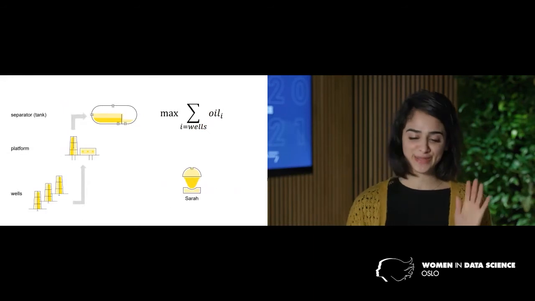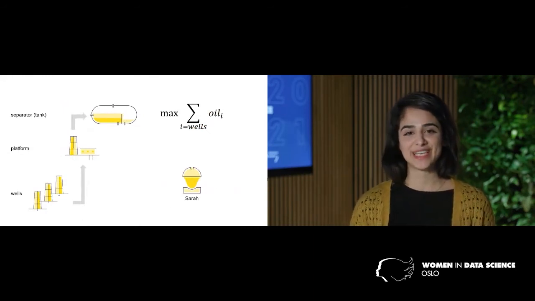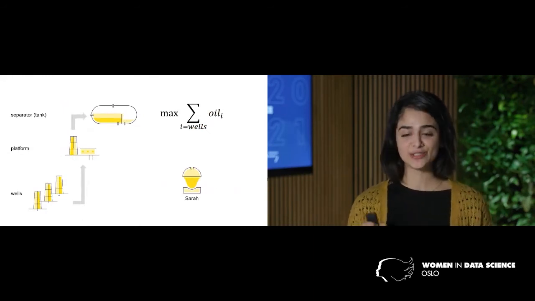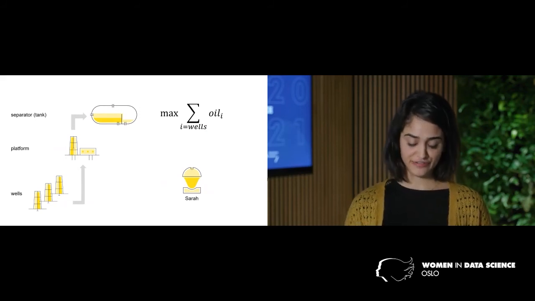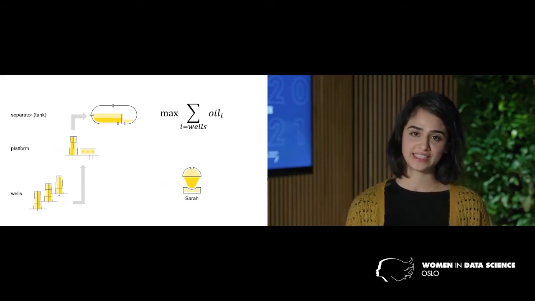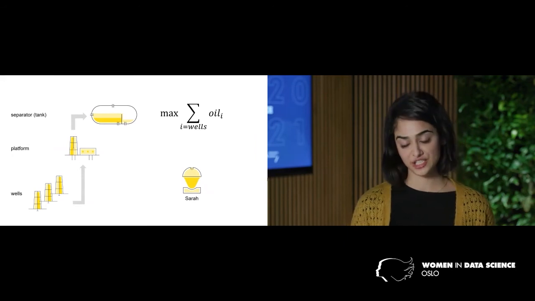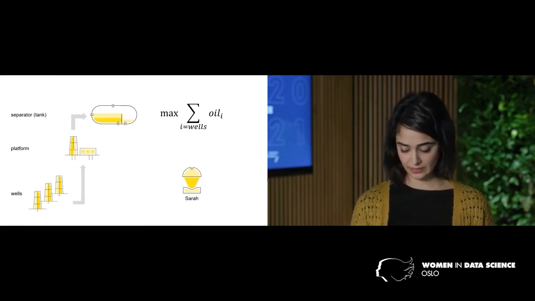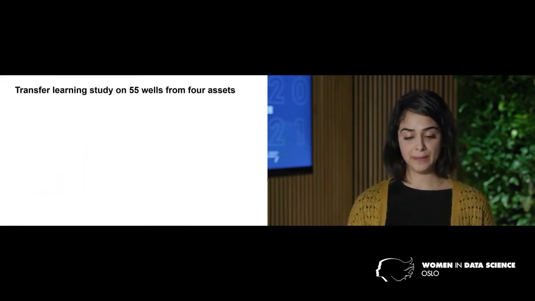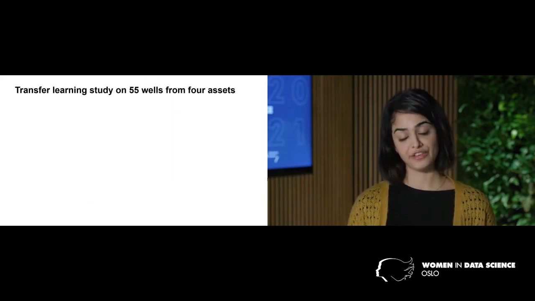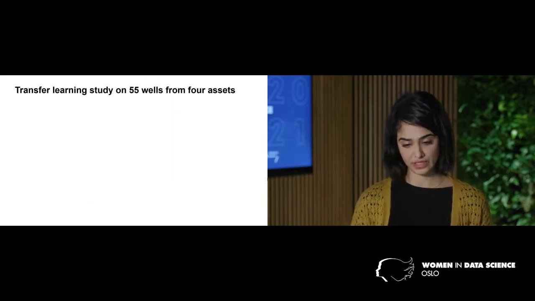Okay, so another quick step back in case I'm getting a bit far out there. We are still trying to help Sarah figure out how much oil, gas, and water is flowing from each of her wells. So then we did a big transfer learning study on 55 wells, this time from 4 different assets.